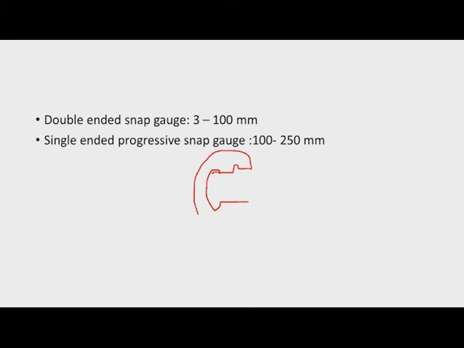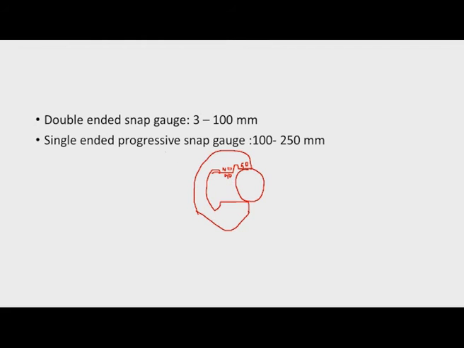This is single ended, that means this is go and this is no go, that means the workpiece will enter into the go side, and the workpiece will not enter into the no go side. If that is the case the workpiece is accepted.